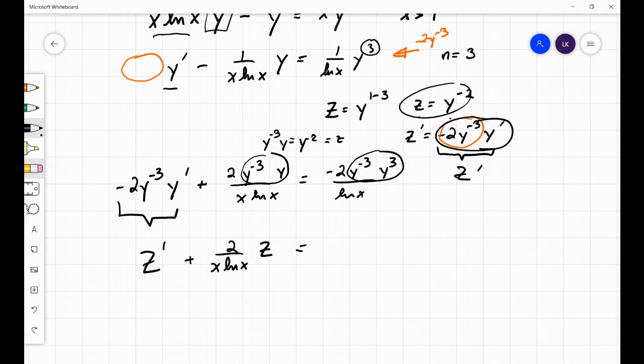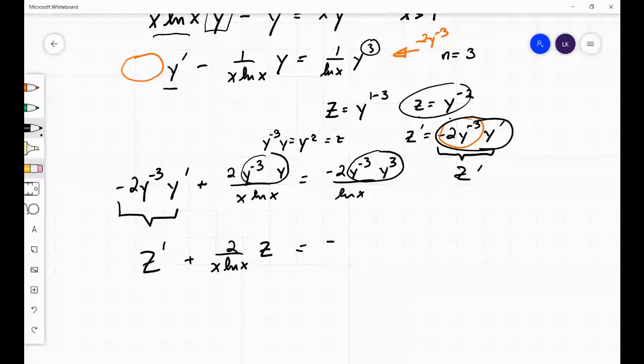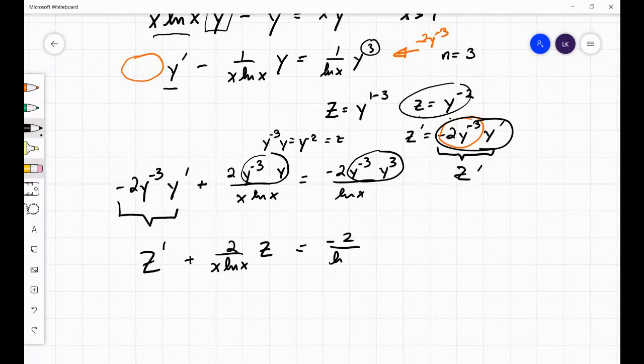And on the right hand side, these cancel. You get y to the 0, so you get 1. Okay, so now you see that this is in the form z prime plus some function of x times z is equal to some function of x. So that's a first order linear differential equation.